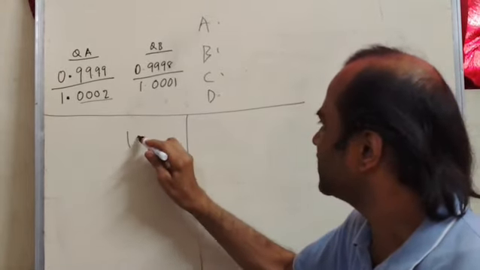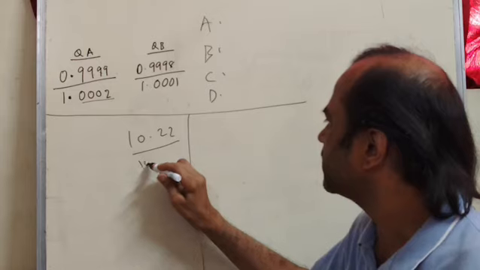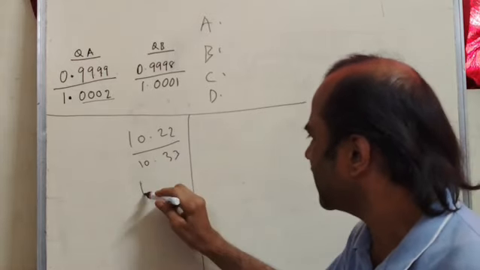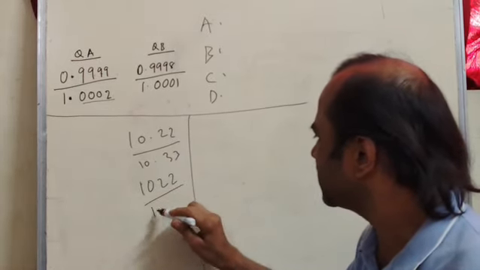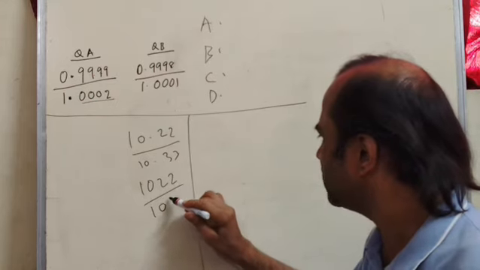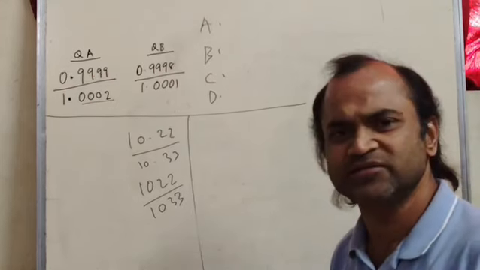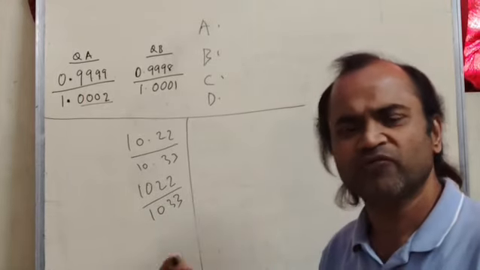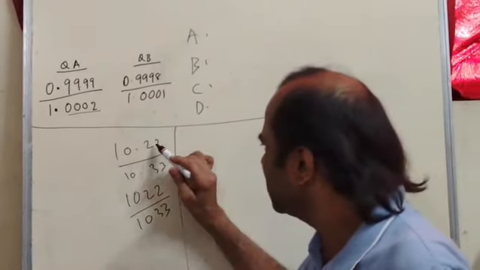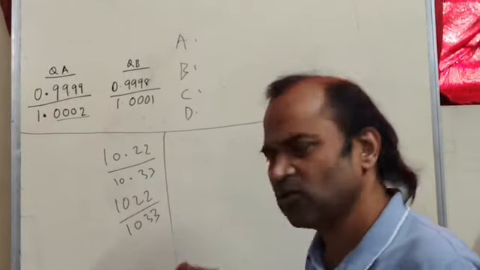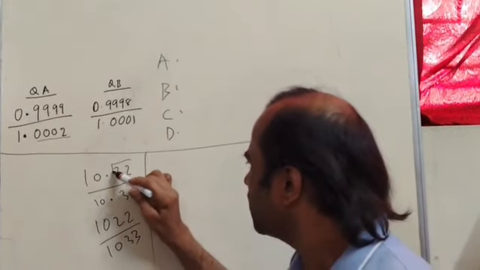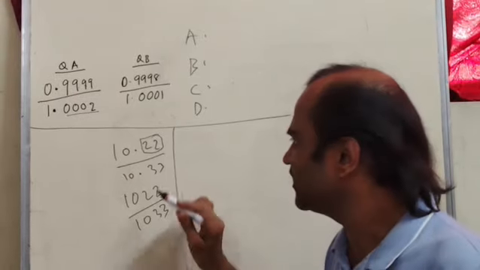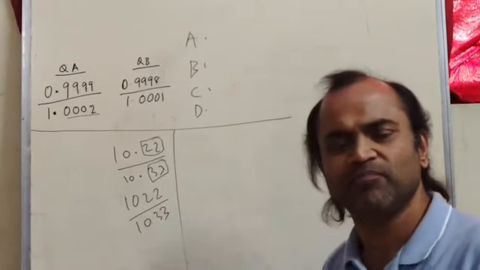So if I have say 10.22 over 10.33, then I can as well look at it as 1022 over 1033. For all practical purposes or for dividing, we can ignore the decimal point when the number of digits after the decimal point are the same.